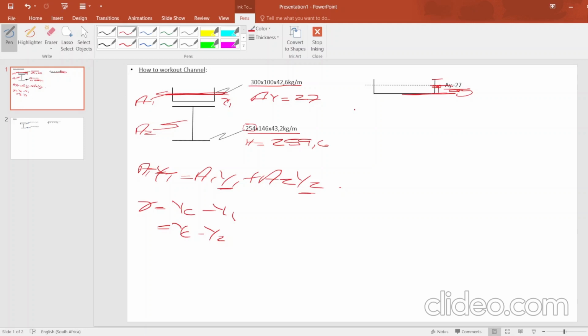Now, when you calculate your Y1, it is Y1 equals the AY of your channel, based on this position, plus the height of your I profile. Then we have 27 plus the height, 259,6. Then we get our answer.